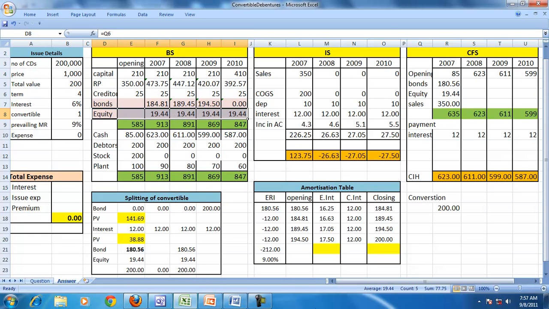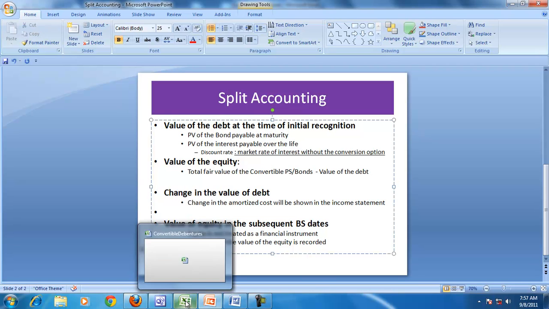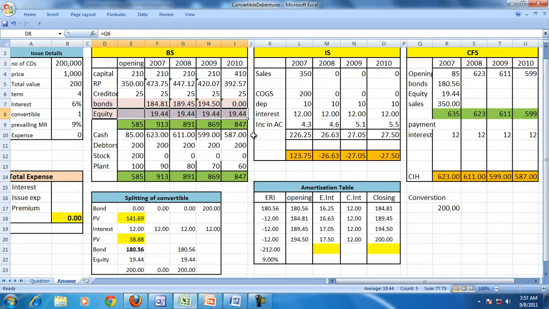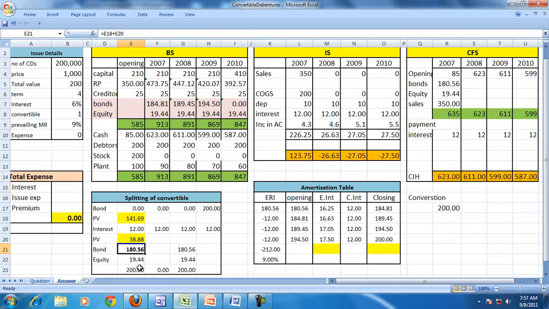So to recap, as we said in a convertible debenture, at the time of issue you have to find the value of the bond as a present value, and the present value of the bond is 180 million. The corresponding residual value is the equity, and the residual value here is 19.44, and the bond will be used to calculate the effective rate of interest.